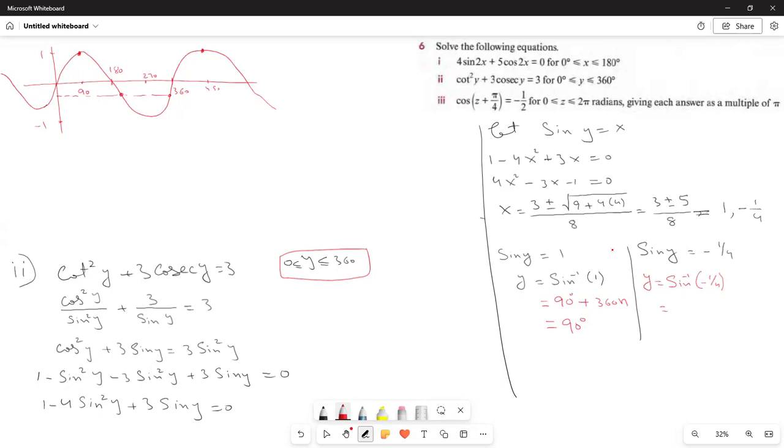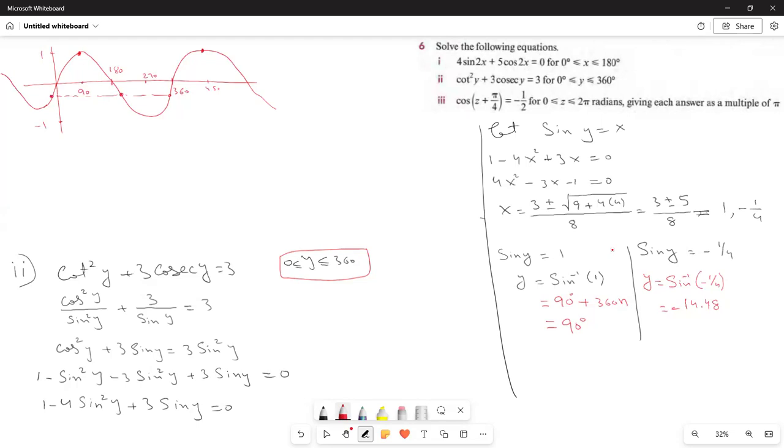If I use my calculator and find inverse sine of minus 1 by 4, so negative 0.25, it gives me negative 14.4748. So basically it is this angle.